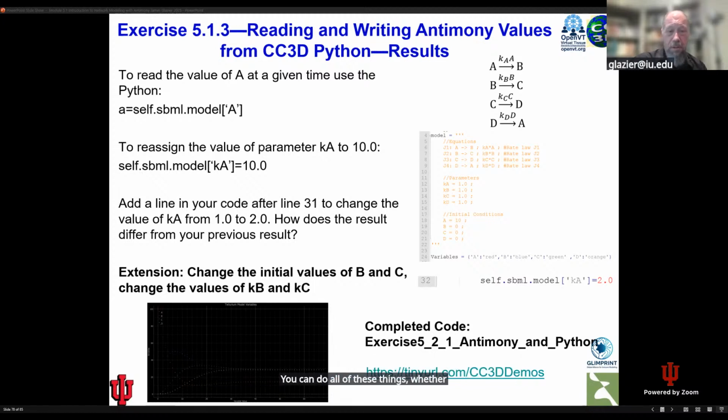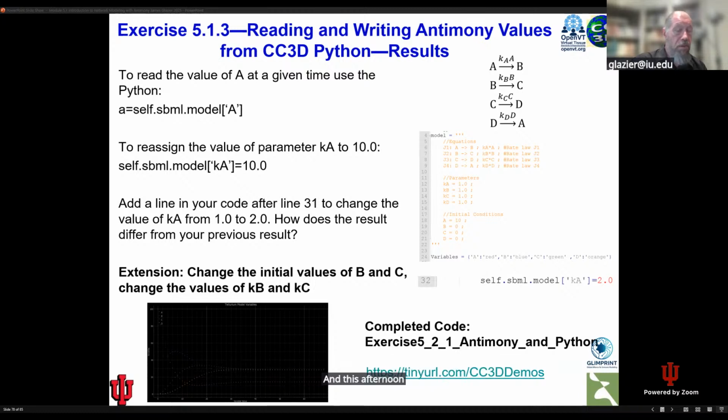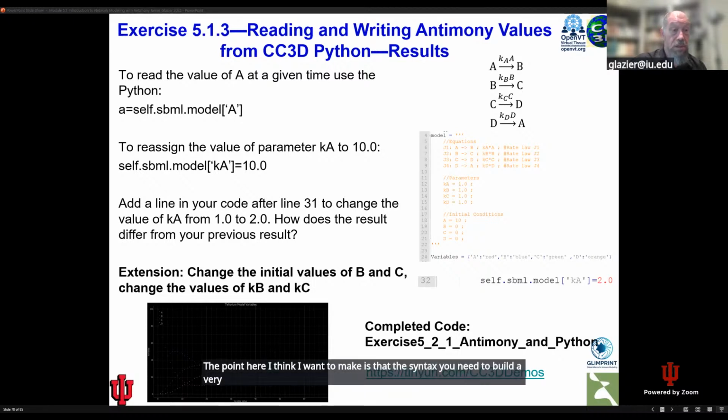Whether you want to do them is going to depend a little bit on what kinds of models you're trying to develop. Again, I'm showing you the basic mechanics of how to do these things. And this afternoon, I'll show you an example where we really use it. But this is something where these models can become extremely complex. The point I want to make is that the syntax you need to build a very complex model is very simple.